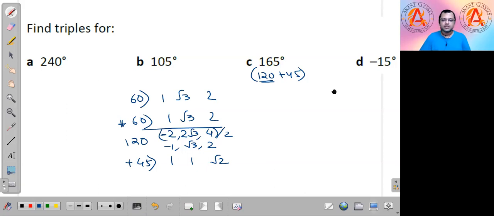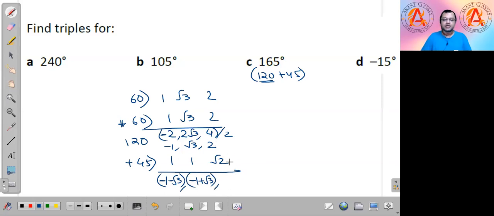In that we will add this 45 degree. So here we will get minus 1, and here we have root 3. So that will be minus 1, minus 1 here, and here we have root 3. So we get minus 1 minus root 3, and this side we have minus 1 and root 3. So that will be addition, minus 1 plus root 3.